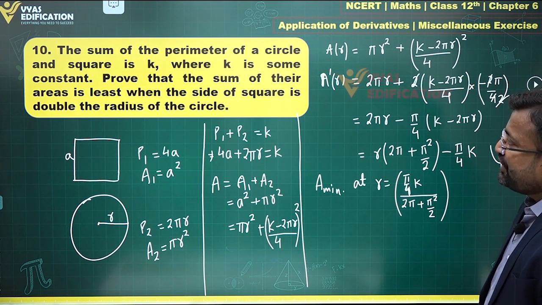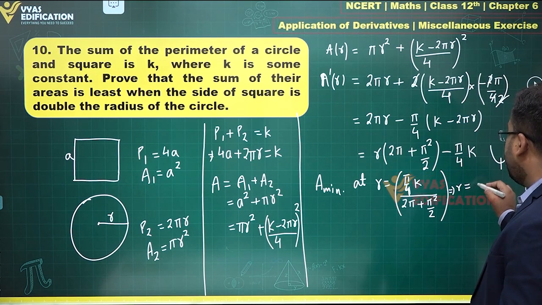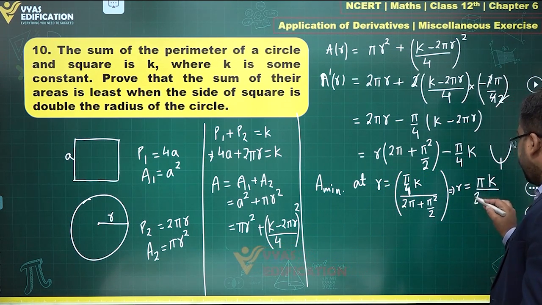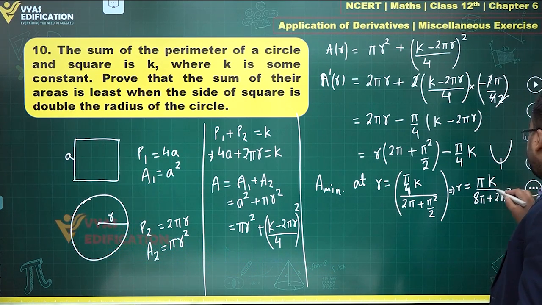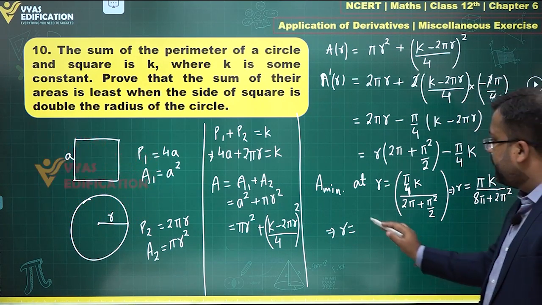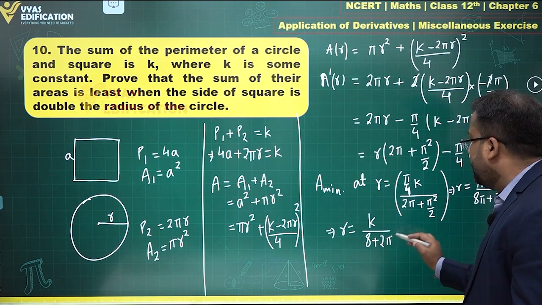And what else? Can we also deal with a? Yes, we can find a. This tells me that r is equal to pi k upon 4, and the denominator is 8 pi plus 4 by 2, which is 2 pi square. You can cancel a factor of pi. This tells me that r is equal to k upon (8 plus 2 pi). This is r.